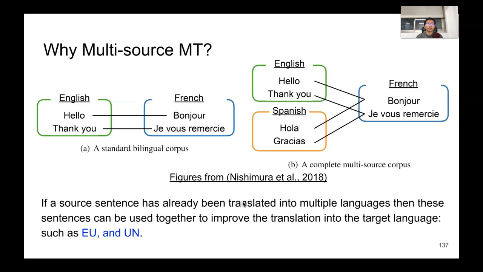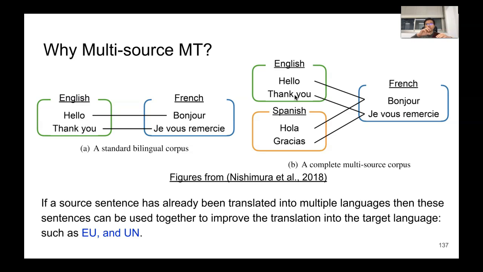So why can this kind of corpus be useful? Let's consider a scenario. In the United Nations, documents are first written in English, and we have already translated them into, let's say, French. Next, we also want to translate them into Spanish.